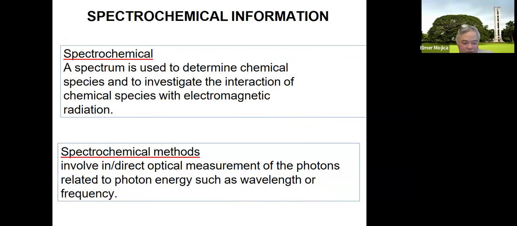When we're talking about spectrochemical methods, it involves direct optical measurement of photons related to photon energy such as wavelength and frequency. So those are the general terms that we have, spectrochemical.